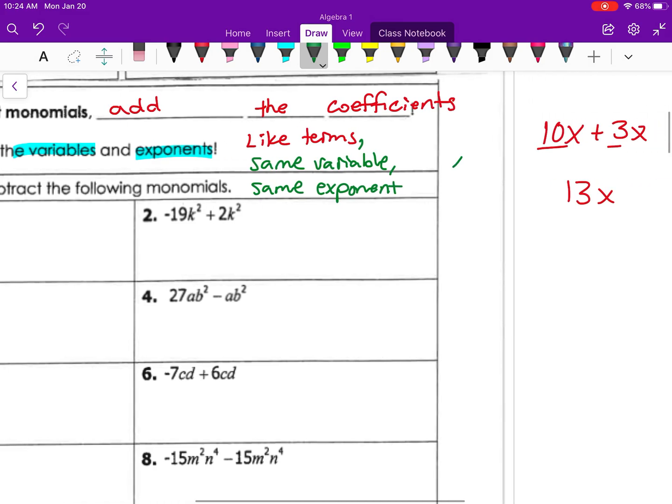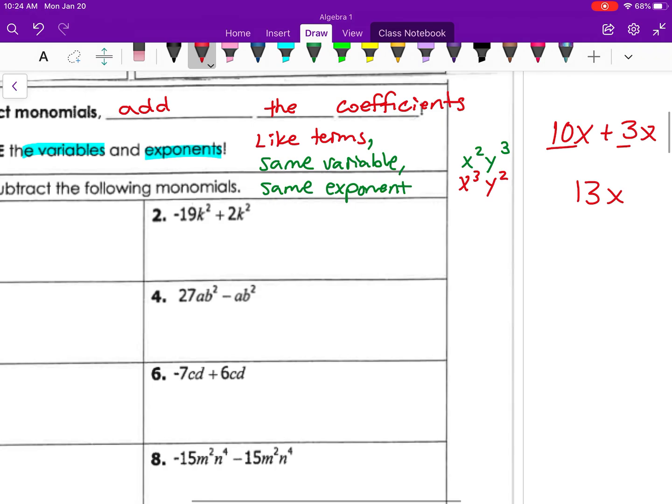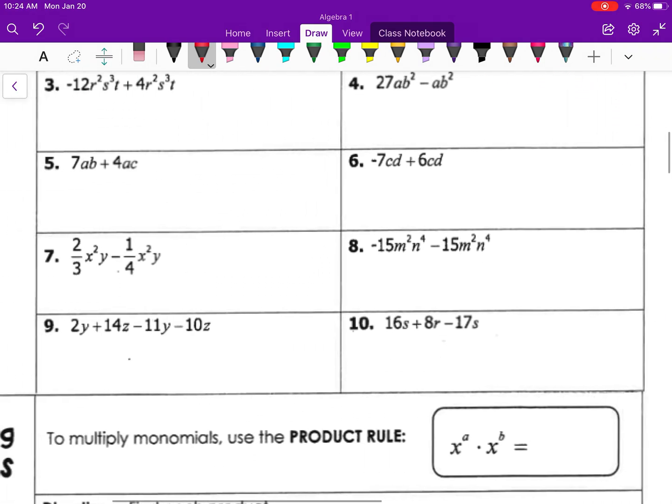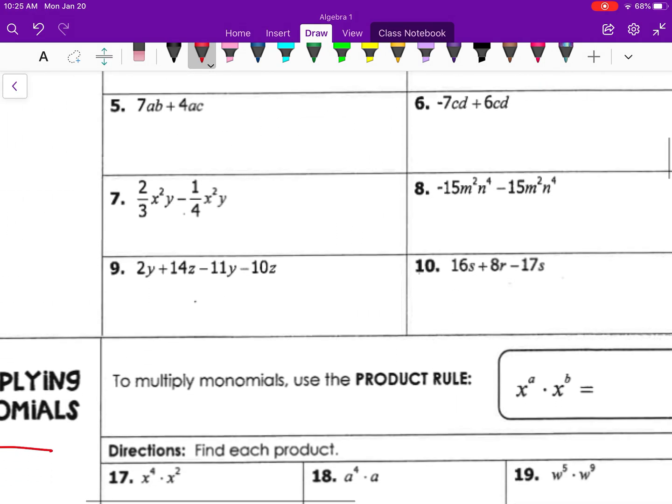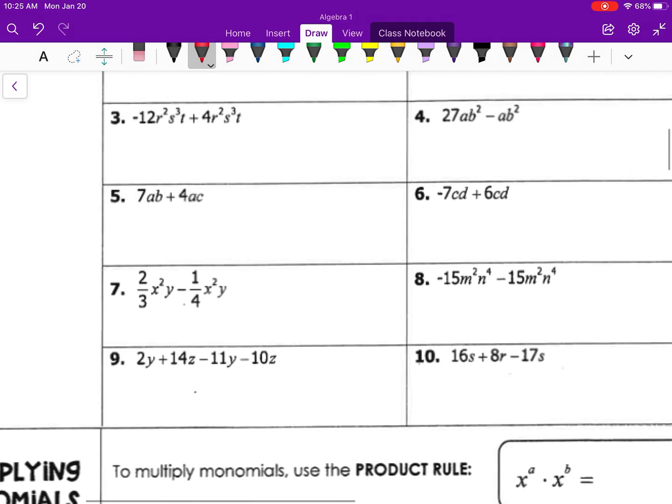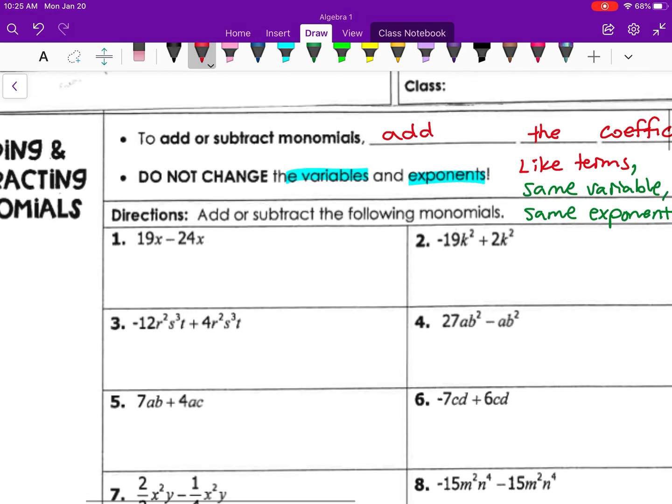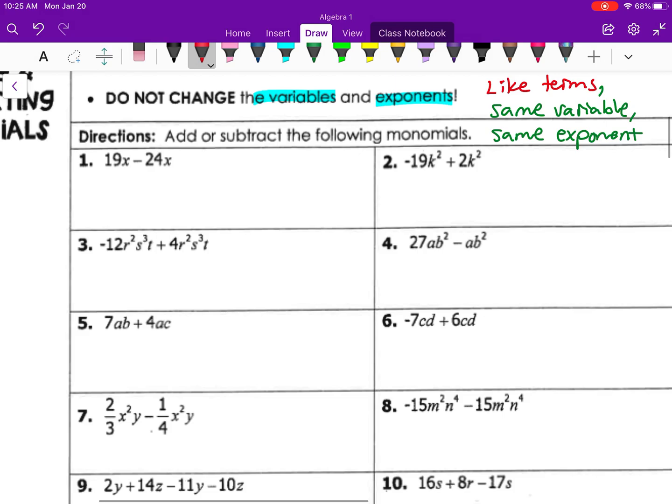Like x squared y cubed cannot add with x cubed y squared. Same letters, different powers, so those could not add together. I don't know if that happens on any of these examples, but something to keep in mind. And all you're doing is just changing how many you have.